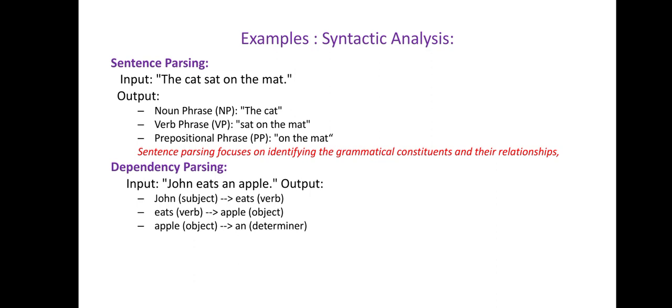John is the subject and eats is the verb, so that is the subject-verb relationship. Eats and apple are the verb and object. The apple is the object and a is the determiner. Those things we identify in dependency parsing.